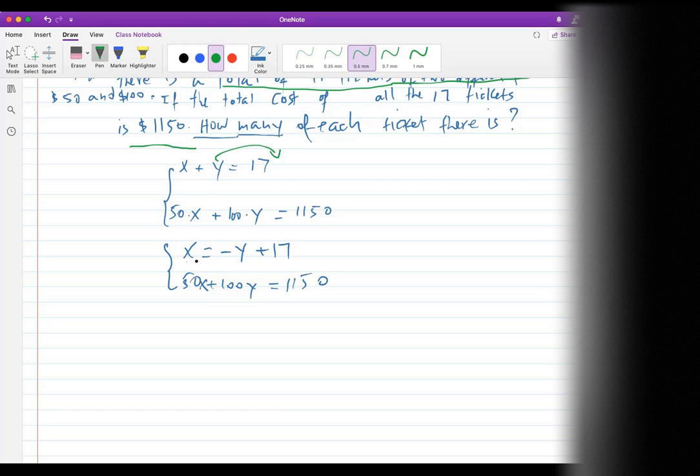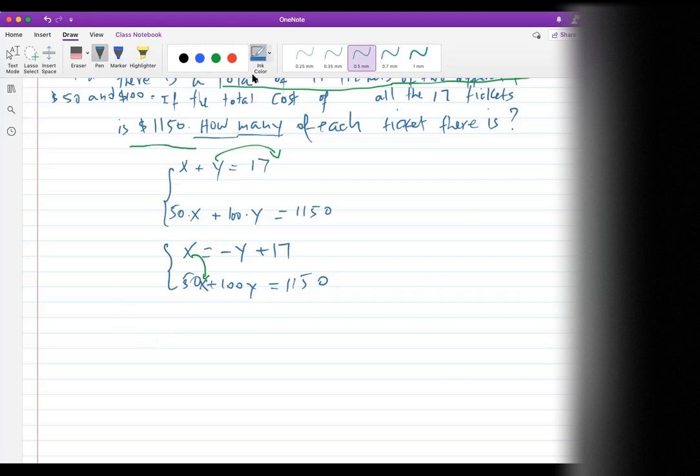Since we're using the substitution method, we're going to substitute. Not subtract yet. We decided to use the substitution method. So we're going to substitute x with this. So x is here. x is equal to this. So let's remove that.